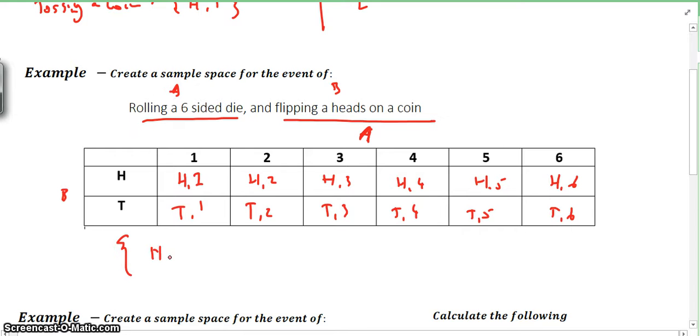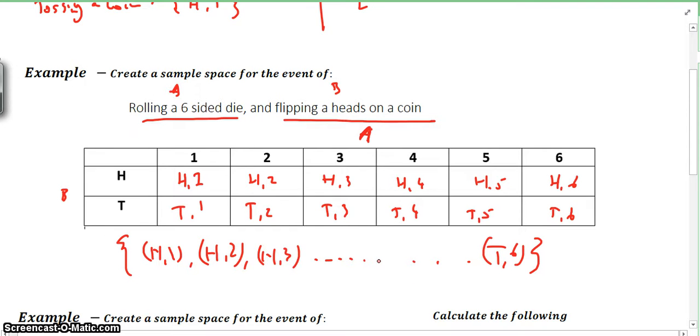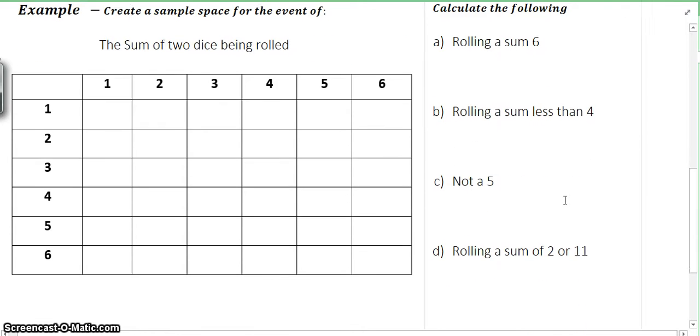So this would be H1, that's one possible option, H2, H3, and so on and so forth. You can see that I'm going to eventually finish with T6. Okay, so that would be the formal way. However, if you represent this particular form in a test, this should pretty much cover all the possible outcomes you can get.